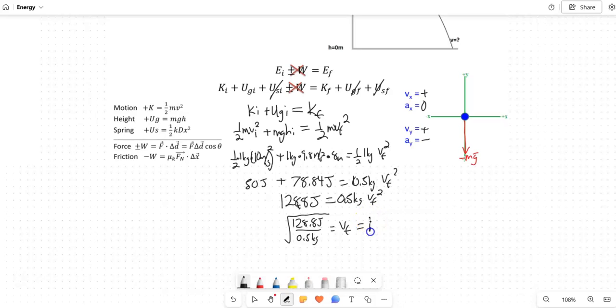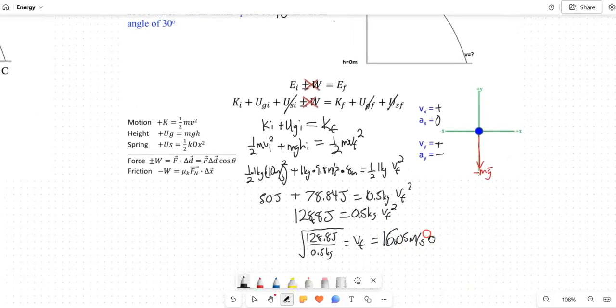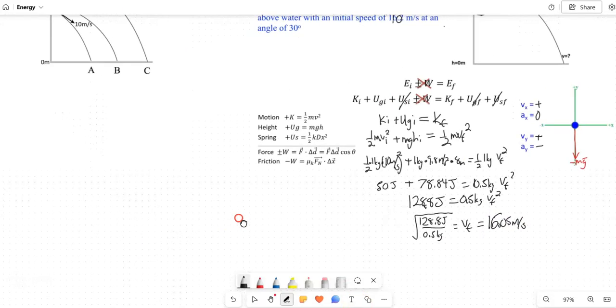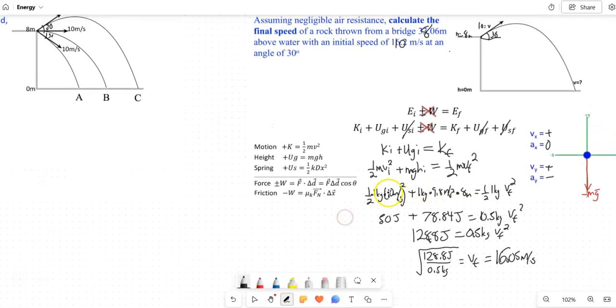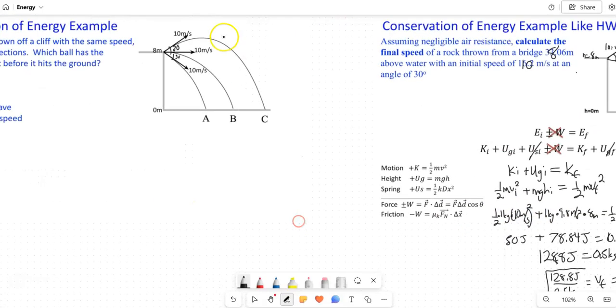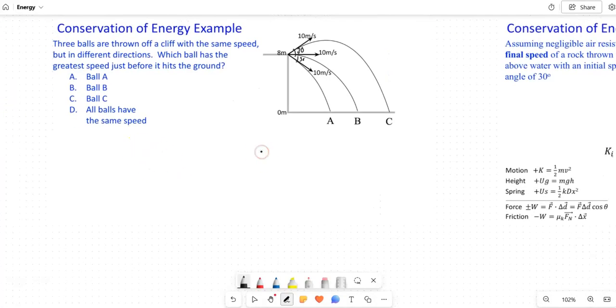16.05 meters per second. So what you find out, since they're all launched with the same velocity, since it doesn't care about the path they take, doesn't care that 30 degrees is above or below the horizontal, they will all have the same speed, and that velocity will be 16.05 meters per second.